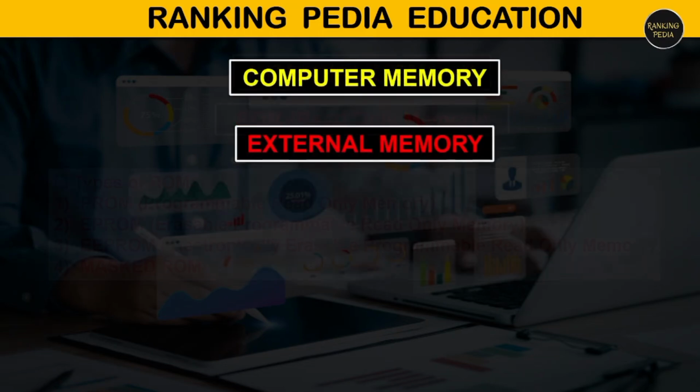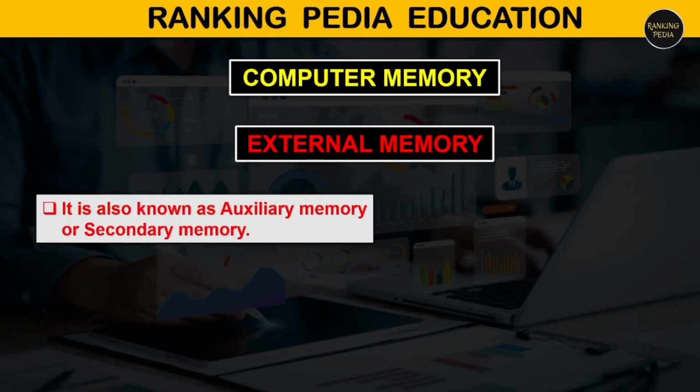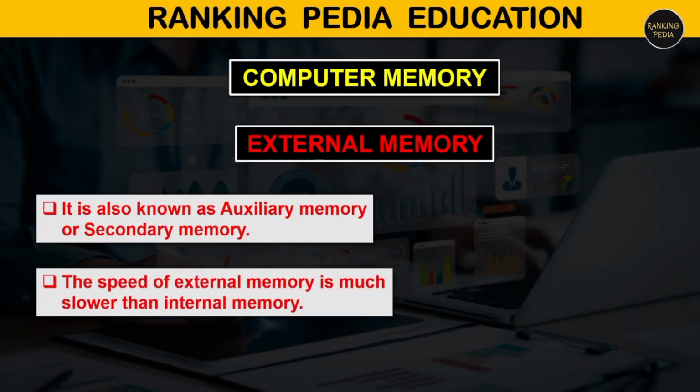Now we will discuss external memory. We have finished internal memory and studied its types. What is external memory? It is also known as auxiliary memory or secondary memory.